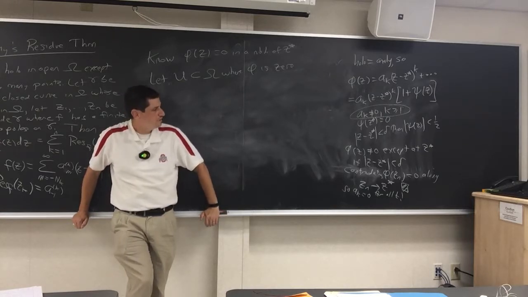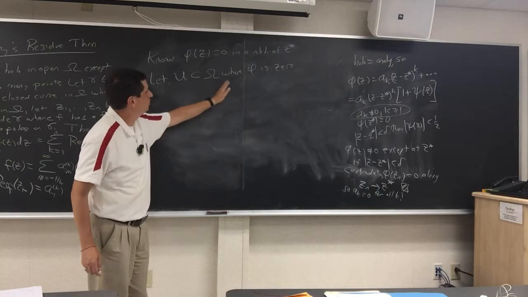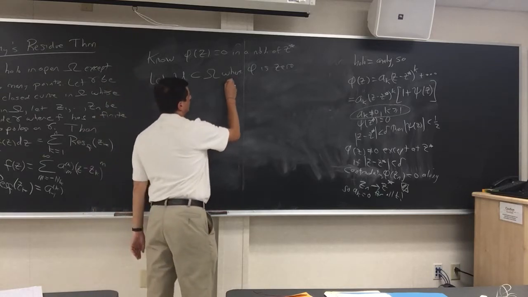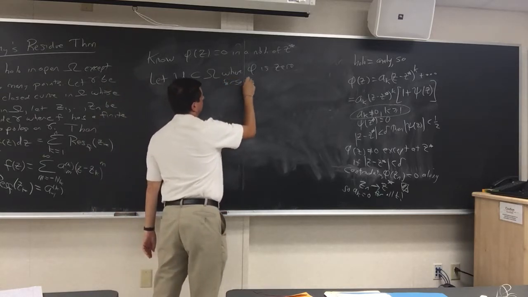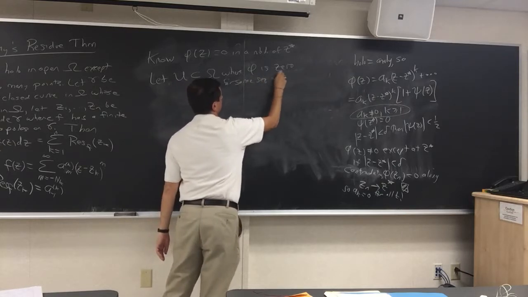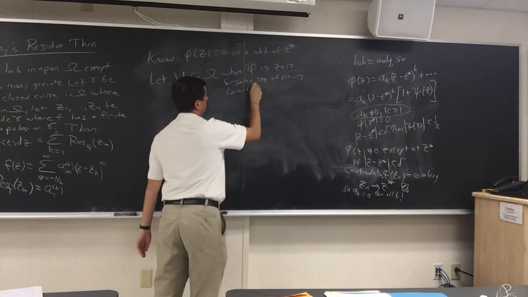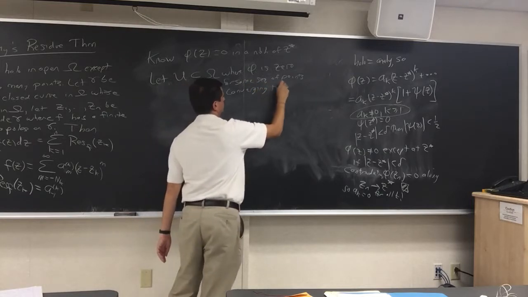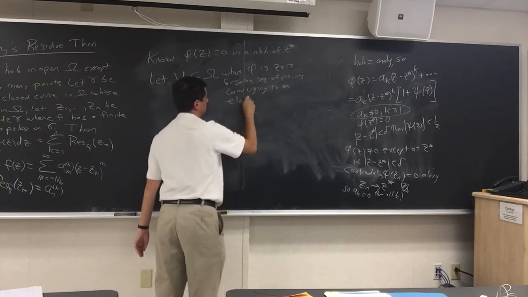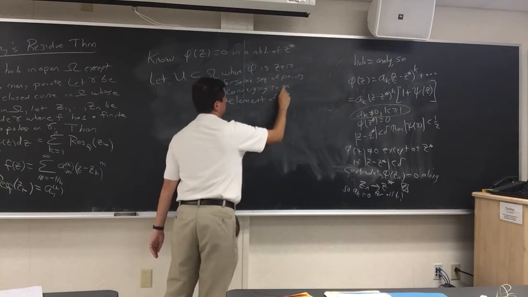We'll do this from all points with a sequence that goes to 0. So U will be, well, phi is 0 for some sequence of points converging to an element of U.